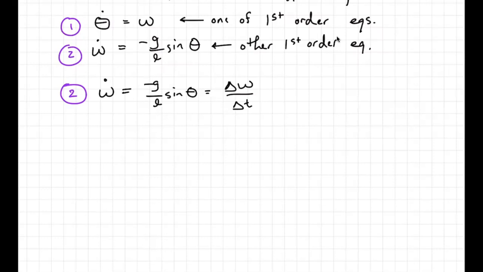So what we're doing is we're saying let delta t be a finite value. Then delta omega is a finite value too. Instead of being a derivative, now we just have this ratio of finite values. As delta t gets smaller and smaller, we'll get that derivative back and we'll get an exact value. But what we're going to say is that this is now some finite, non-zero value.